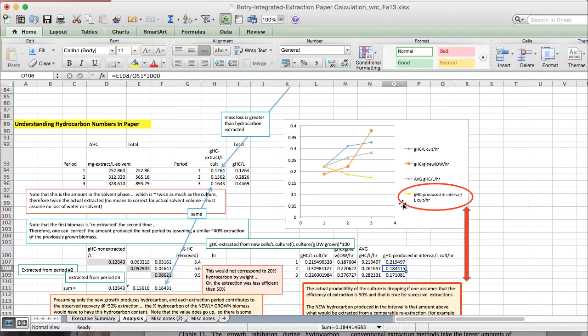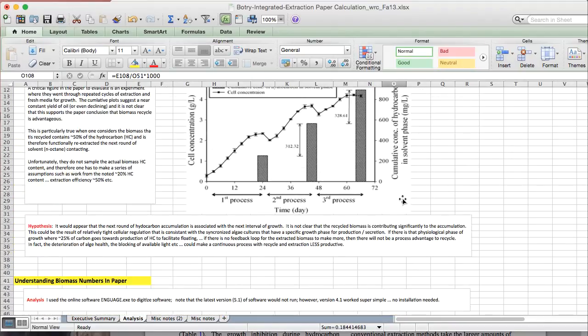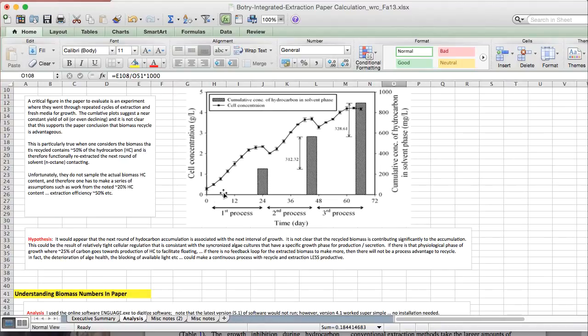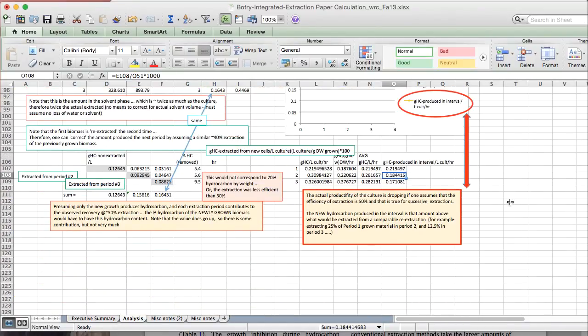And what you see here is that the amount produced is declining with each interval, so each interval is actually getting worse. The intermediate one here is just an average, using the time from time zero, from here to here, then from here to there, and here to here. So it's like an average over the whole time frame.